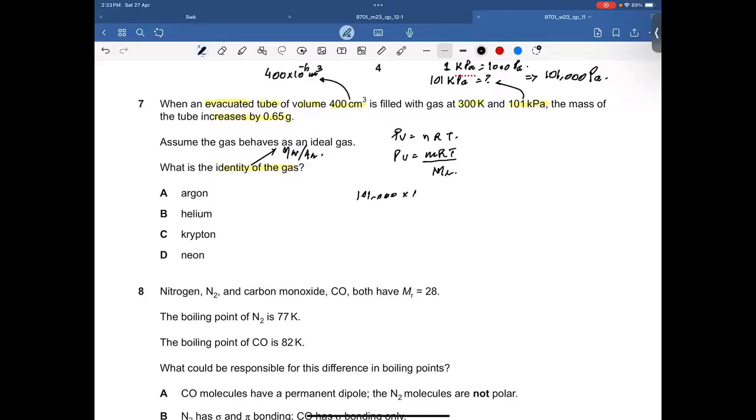Volume is 400 into 10 to the power minus 6. Mass is 0.65. R value is 8.31. Temperature is going to be 300 Kelvin. Divided by MR, we need to find out. So MR is going to be how much? Let me calculate MR.